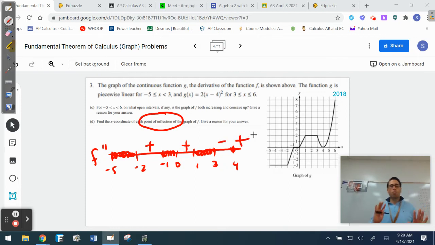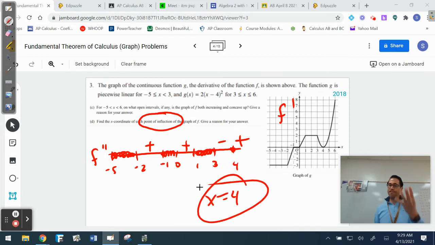And remember, what does it mean to be a point of inflection? A point of inflection for the graph of f would happen when the second derivative changes signs, or changes from increasing to decreasing or decreasing to increasing when looking at the f prime graph. The only part where that happens is at x equals 4. And some people at home, I know, you're saying, well, what about 1, 2, and 3?